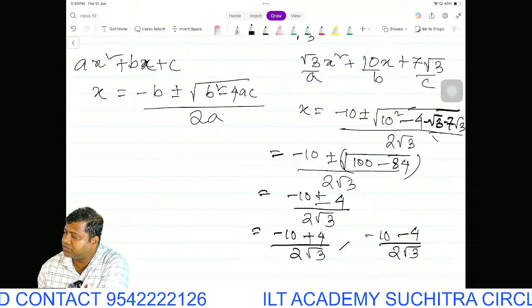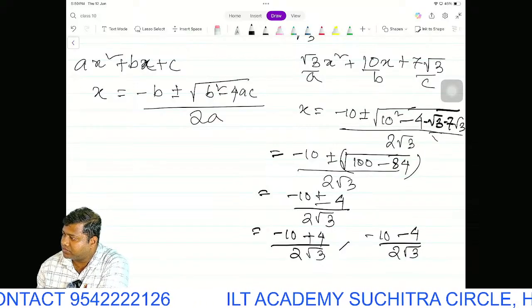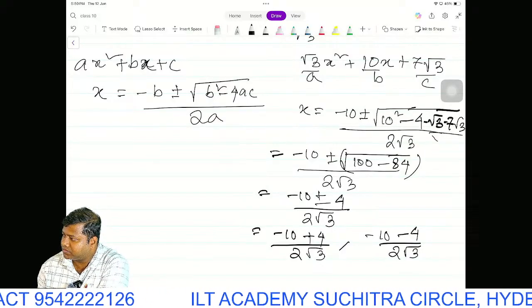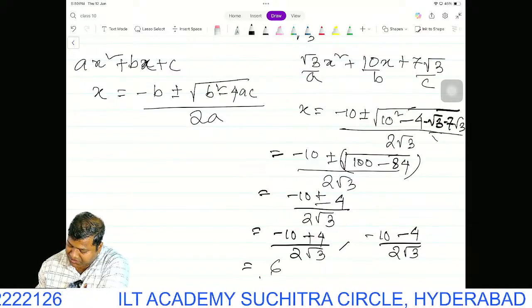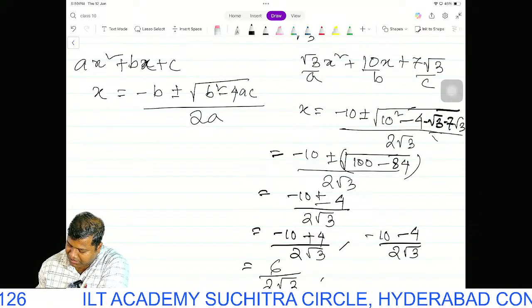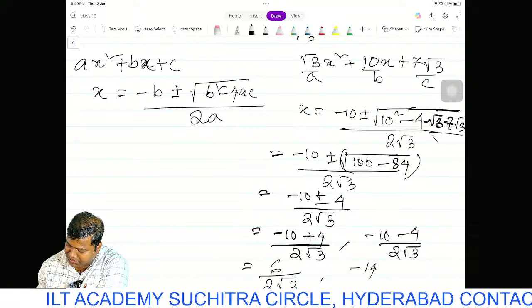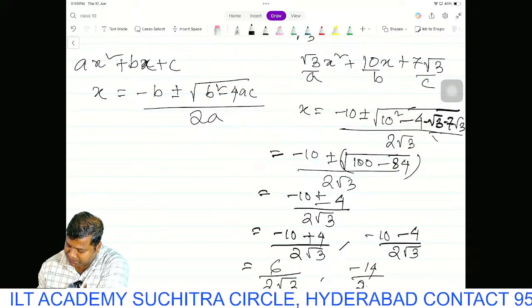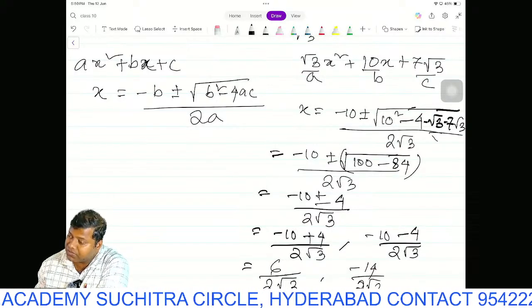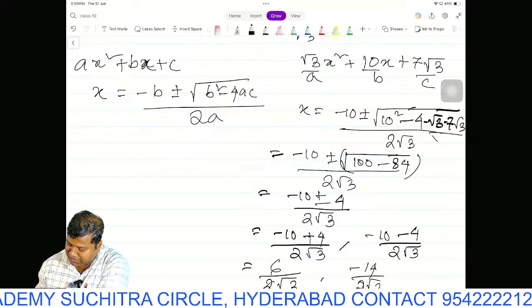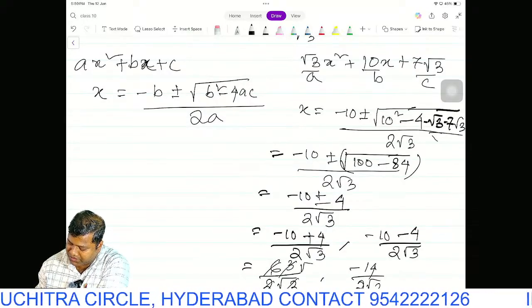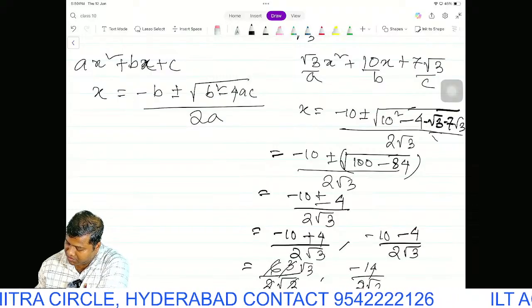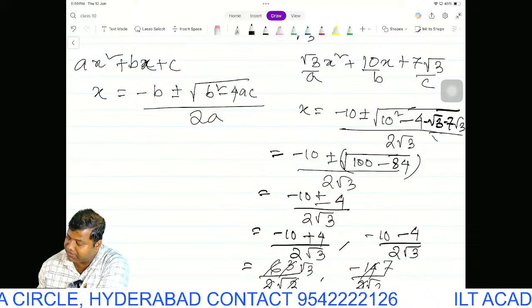So that means this is 6 by 2 root 3 and this is minus 14 by 2 root 3. If I simplify, then this is what? 2 3s are 6 and root 3s are 3. Here 7.